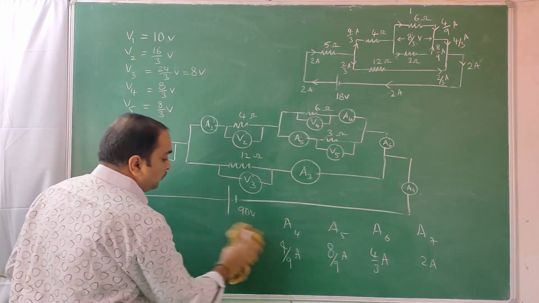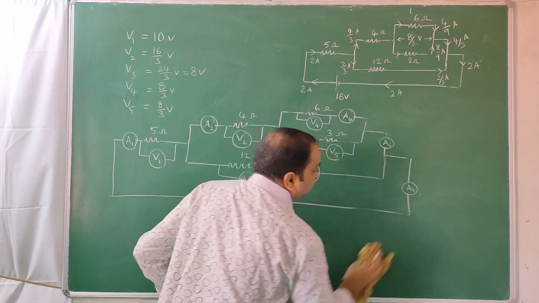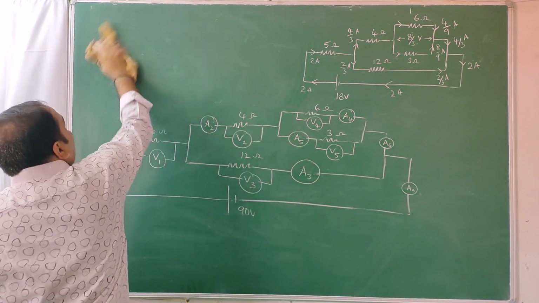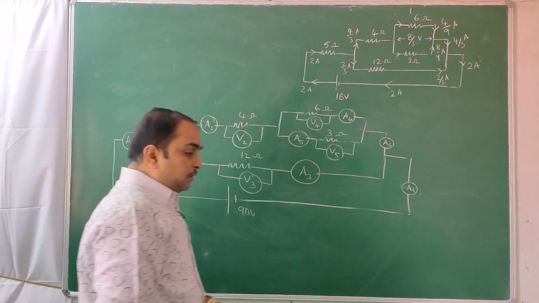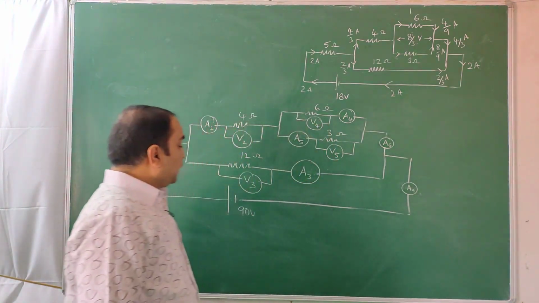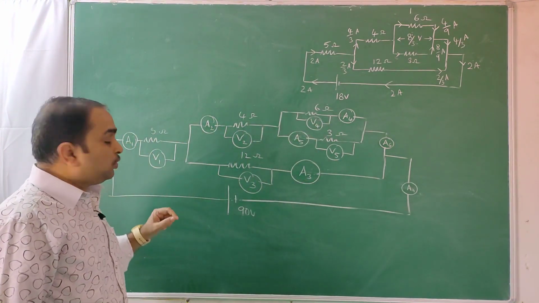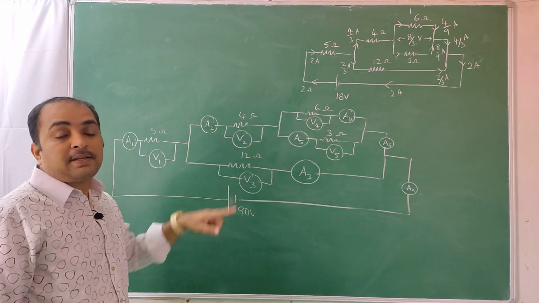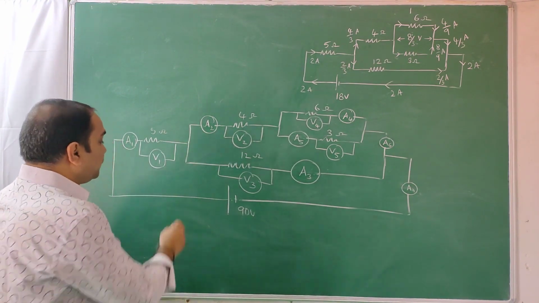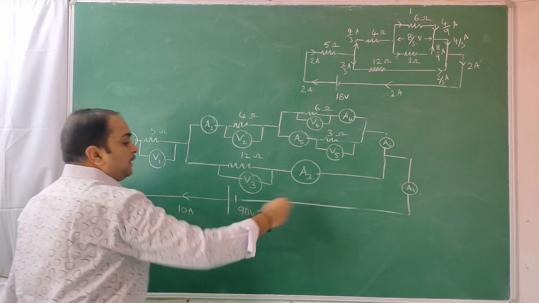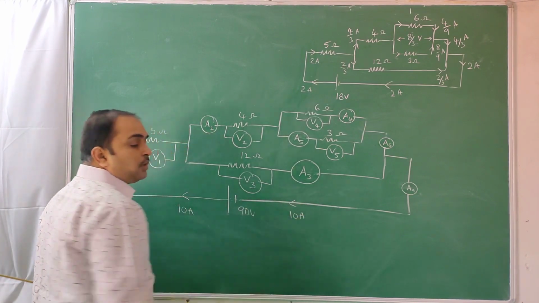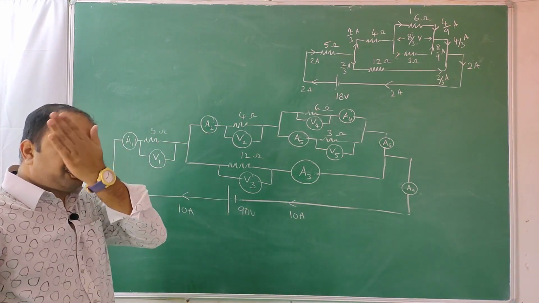So all these answers will change now. What was the total resistance? We found out after reducing this, it came out to be 9. So 10 amperes will come out of this, and 10 amperes comes back into this. So again every answer changes.